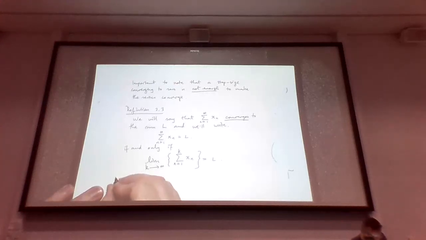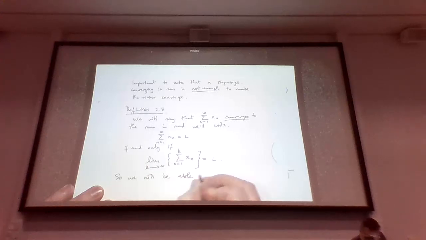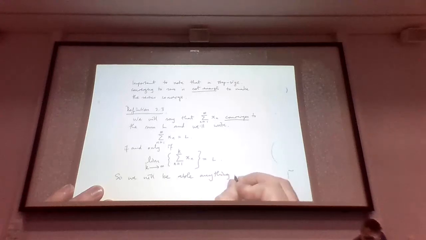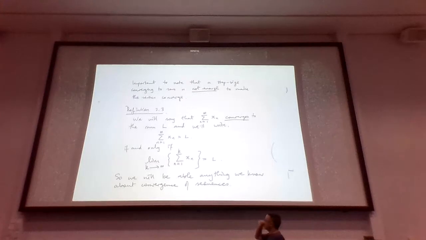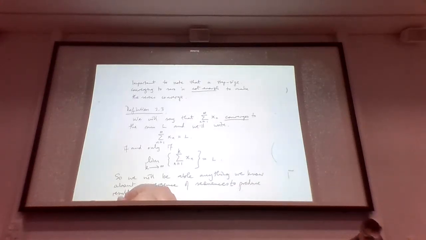So we see that convergence of series is defined using convergence of sequences. So we will be able to use anything we know about convergence of sequences, well, maybe not be able, but we will be encouraged or likely be able to use things we know about convergence of sequences to produce results about convergence of series.